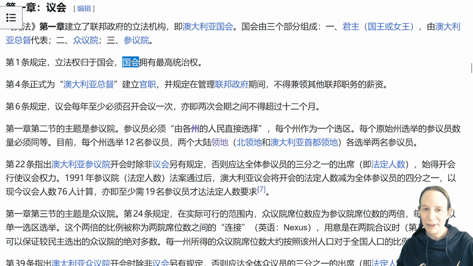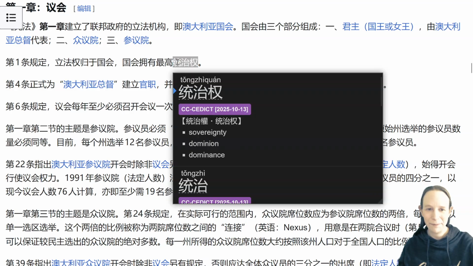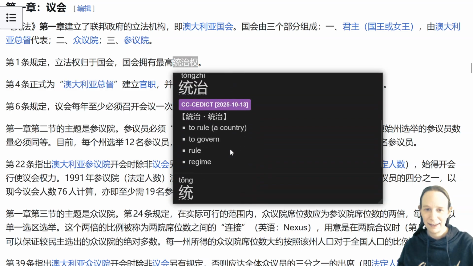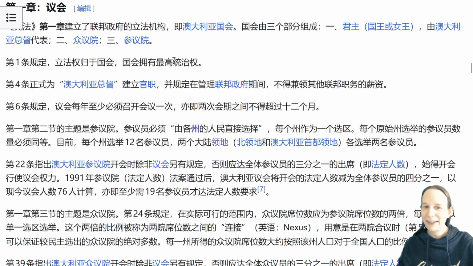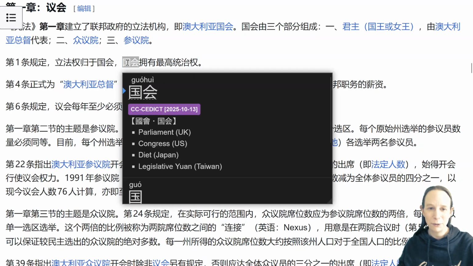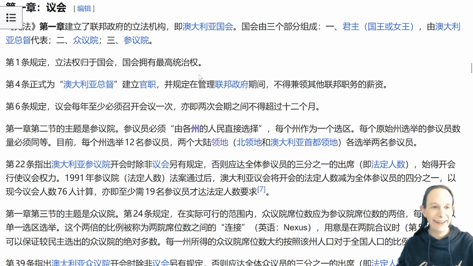So the Parliament has the highest 统治, what's the word? Control. Rule is the better translation. Yeah, the right to rule. 国会, Parliament. This one in Australia. Parliament has the highest authority.